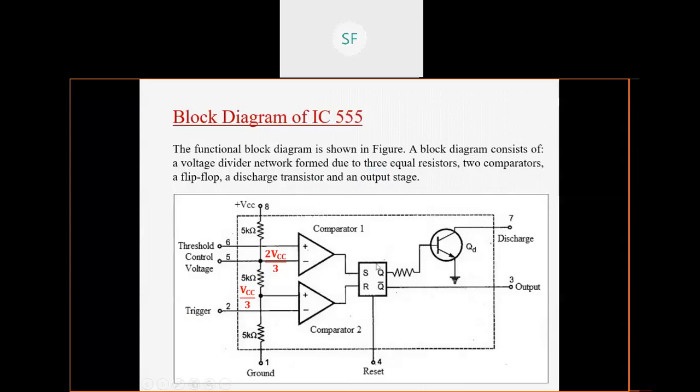We will discuss the functioning of the flip-flop in more detail in unit number 4, the digital electronics section. The first topic of unit 4 is nothing but the flip-flop. So just for now, you can assume that the flip-flop has two inputs. This is nothing but an SR flip-flop.